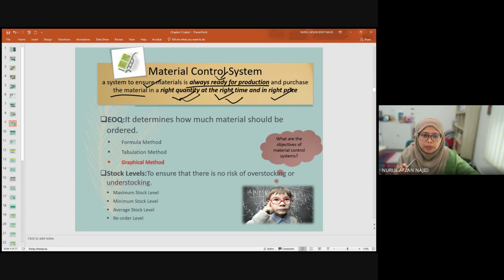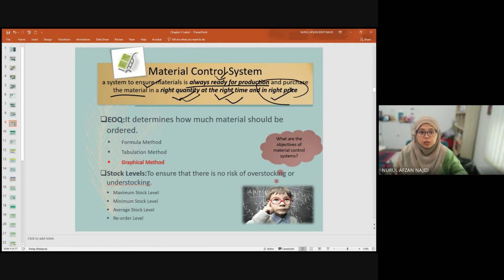Maksudnya bila benda tu berlaku, bermaksud you tak control the material. You tak buat controlling pun kepada material tersebut, and it's not ready for production. So benda tu salah. And dalam masa yang sama, when we talk about the cost, dalam production industry kita nak pastikan cost tu paling murah, paling rendah at a minimum level.